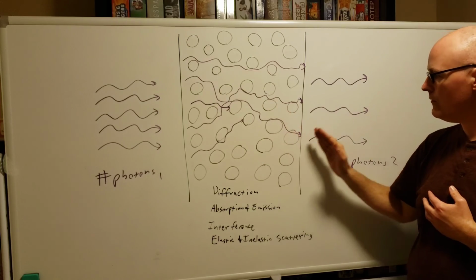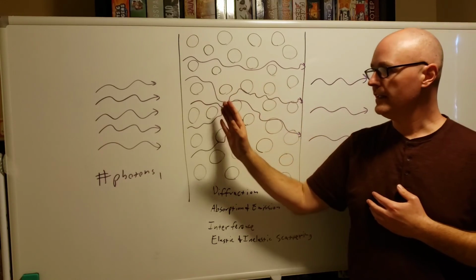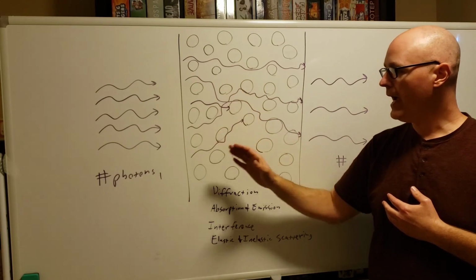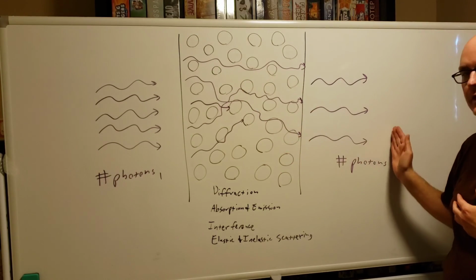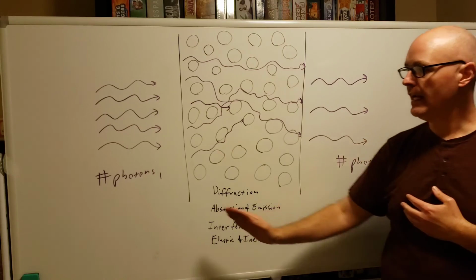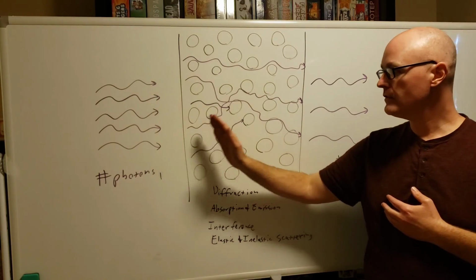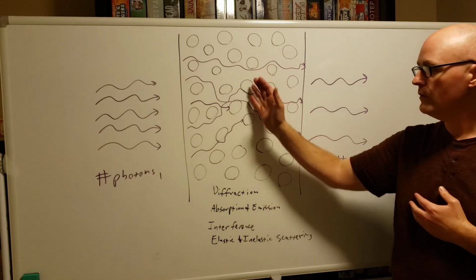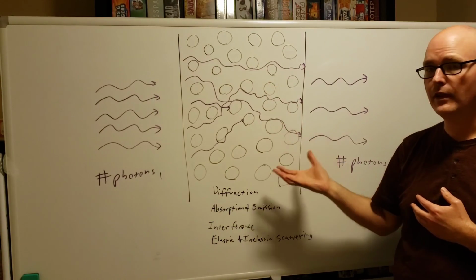However, some of that light has to be absorbed by the medium, right? So I have to have fewer photons out than I have going in because some of them will interact, raising the overall entropy of the system.